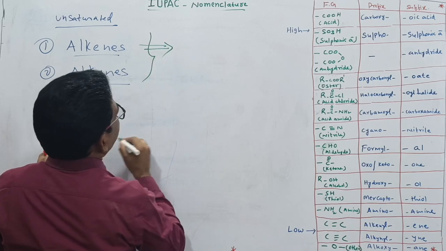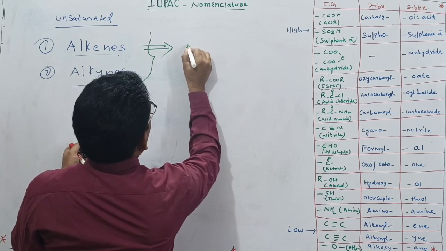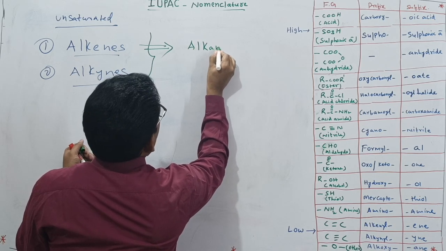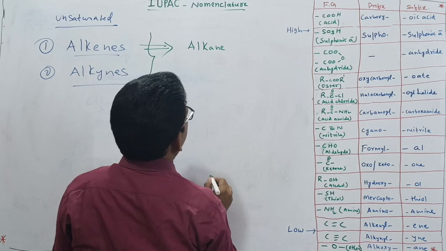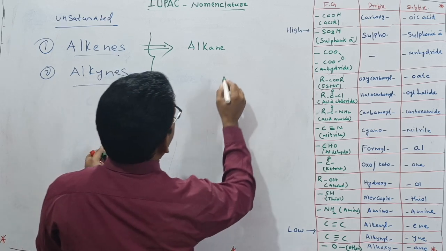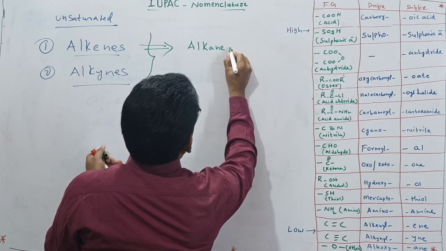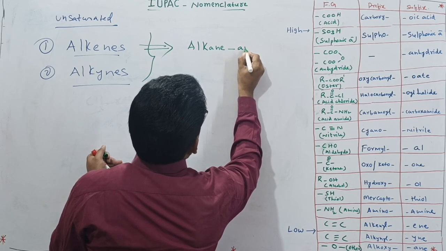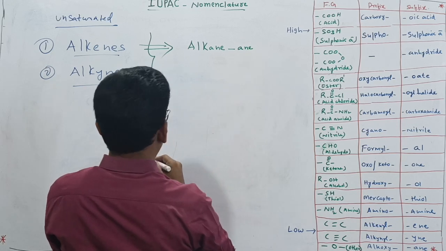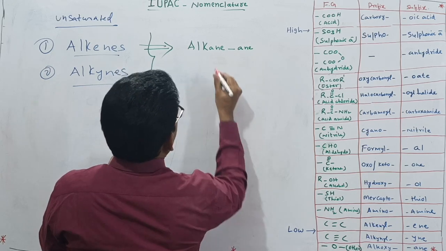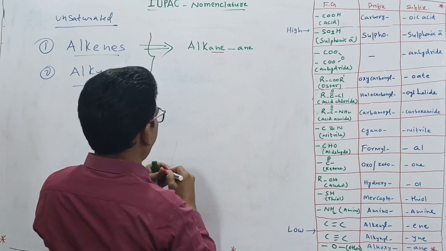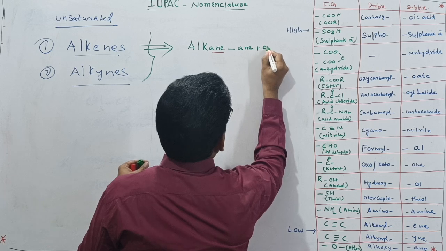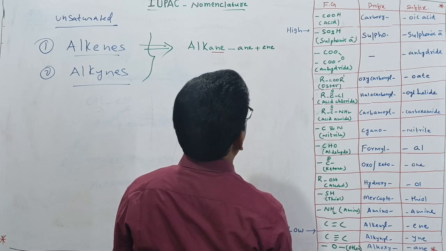Especially for alkenes, we write the IUPAC name as alkane, minus ane, plus ene.